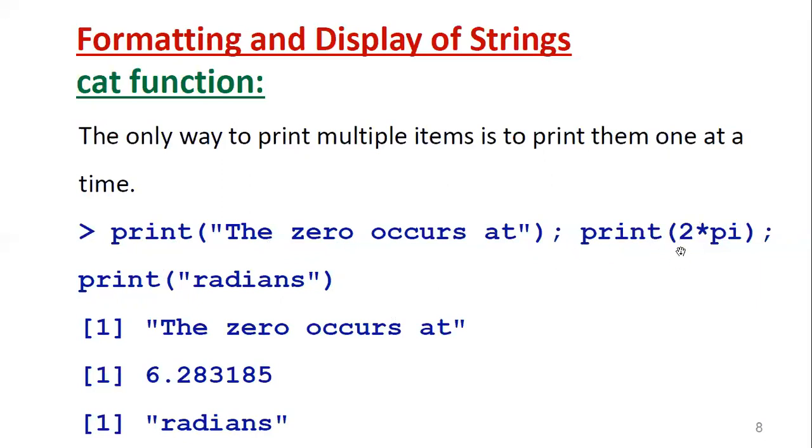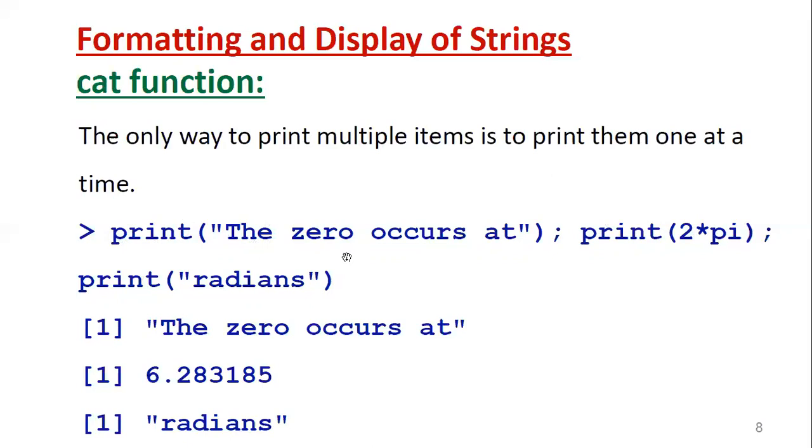Next print statement, print of 2 into pi, semicolon. Then a third print statement, print radians. See, these are three different print statements. In each statement you can observe only one object or one item is presented. That means using the print command, only one line can be printed at a time.